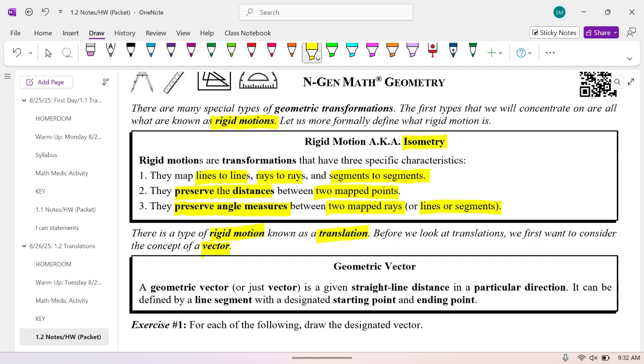But in geometry, it's really just the straight line distance and direction that a point is going from one position to the next. So a geometric vector, or just a vector, you'll probably just hear me say vector, is a straight line distance in a particular direction. It can be defined by a line segment with a starting point and an ending point. So vectors always have a starting point and an ending point. In other words, you go from A to A prime, B to B prime, all that good stuff.